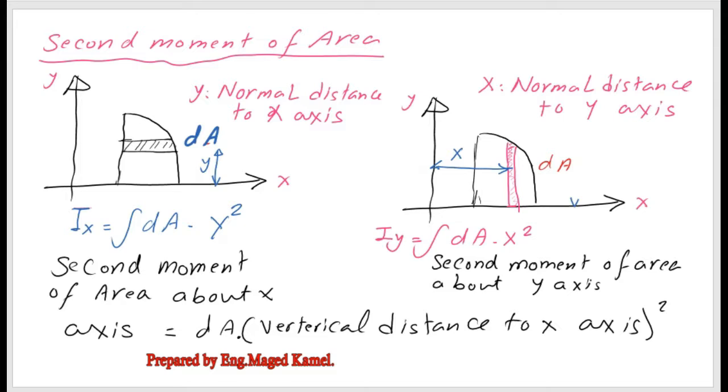The integration symbol is the same as the summation of individual areas, and in that regard each area will be multiplied by its x component. But this integration symbol means that we are going to move this strip multiplied by x squared, starting from one point and ending at another point.